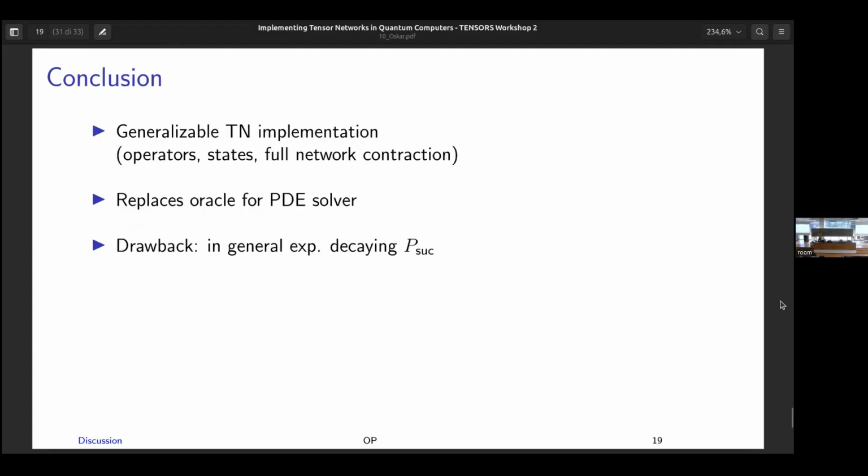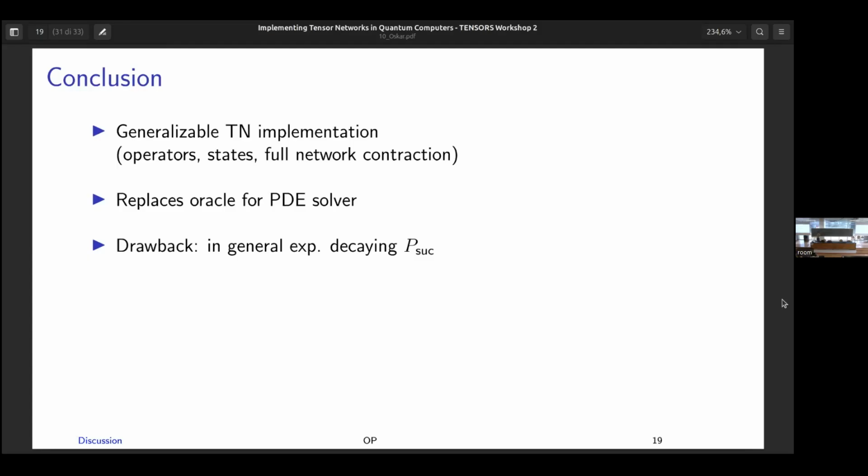So to sum up, what we have done is that we have presented a generalizable tensor network implementation. I have focused in this talk mainly on implementing operators, so the tensor train operator and the canonical polyadic operator. But you can use this algorithm also to implement states and in the end to do a full network contraction. This is our path forward to replace the oracle for the PDE solver, which in its actual form is still an oracle.